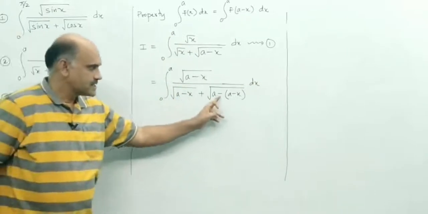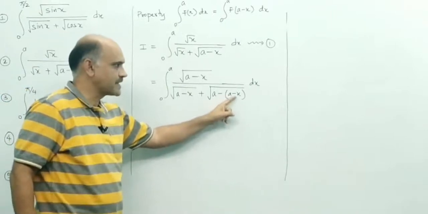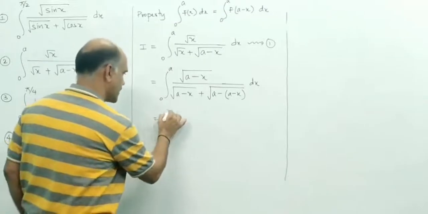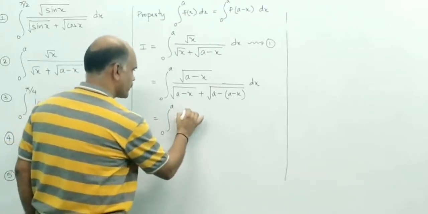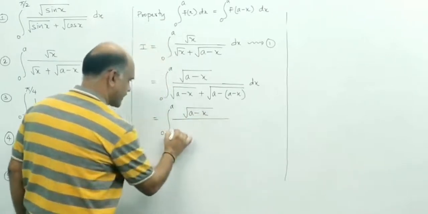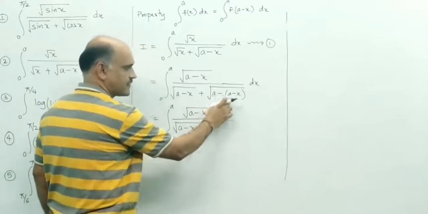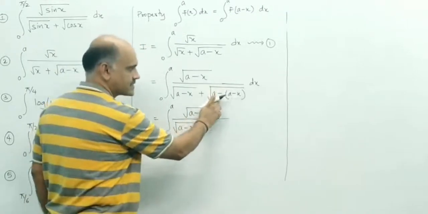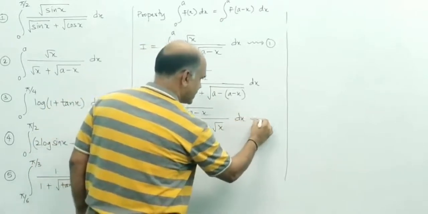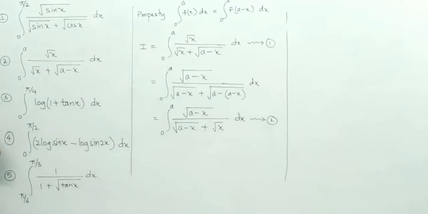Now you take this minus inside. If you take minus inside, this becomes minus a plus x, so a gets cancelled. So you will have 0 to a root of a minus x divided by root of a minus x plus root x dx. This is equation 2.